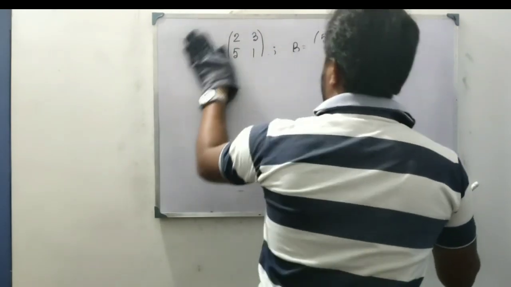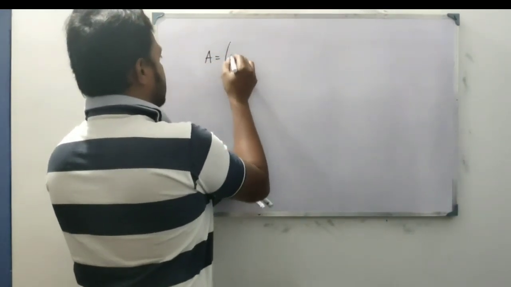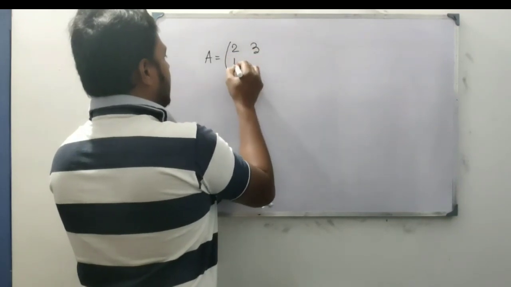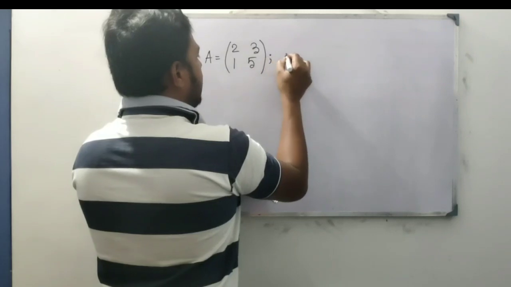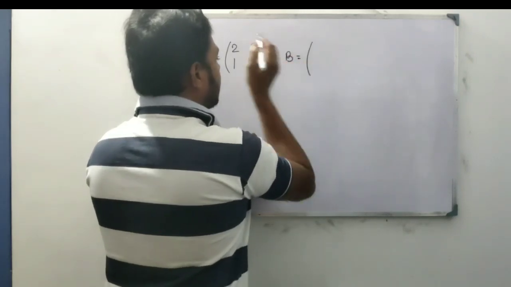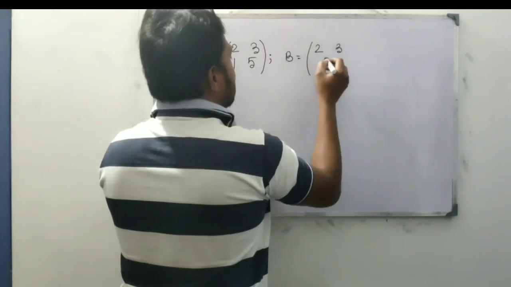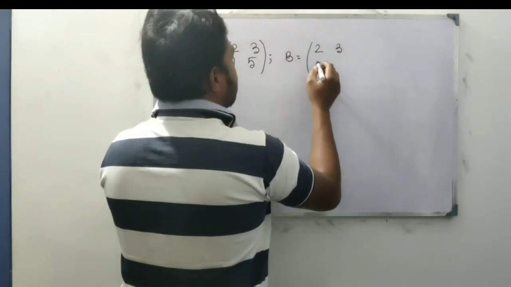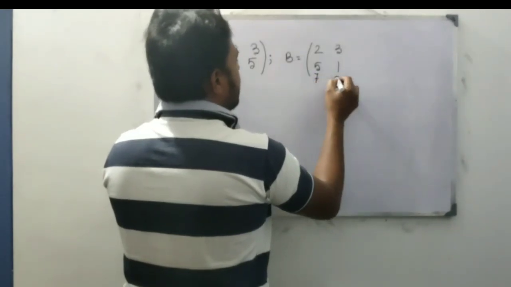Suppose A is a matrix 2 3 1 5 and B is another matrix 2 3 5 1 7 2.